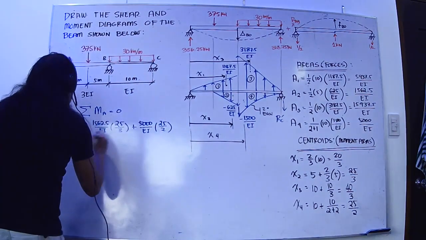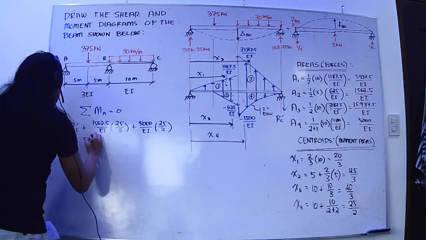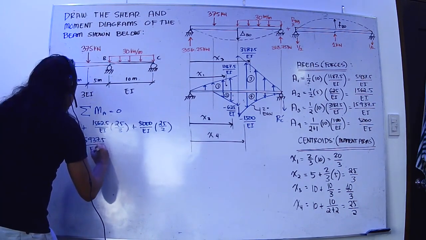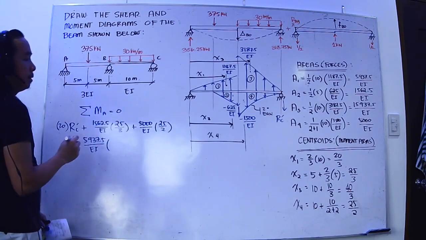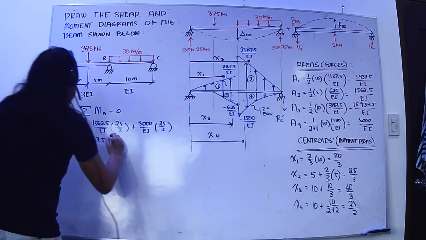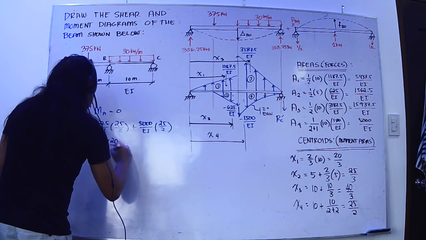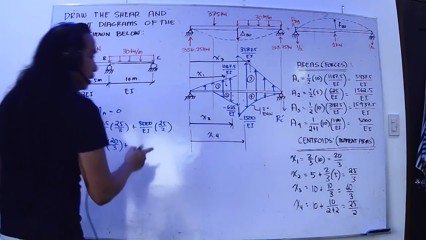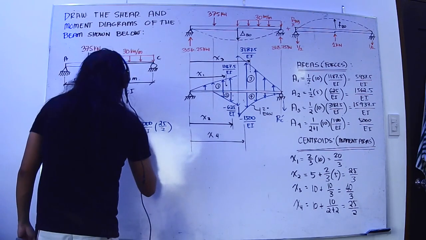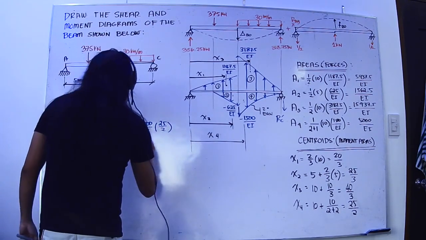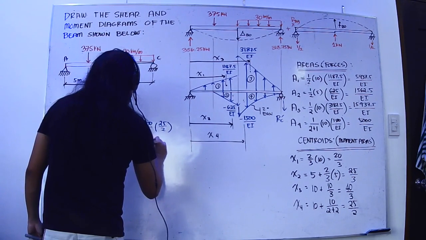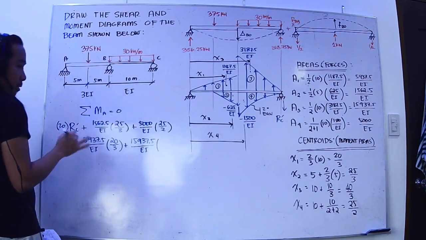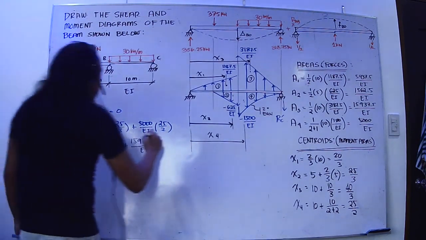A1, that is 5937.5 over EI multiplied by its moment arm 20/3, plus A3, which is 15,937.5 over EI multiplied by x3, 40/3.